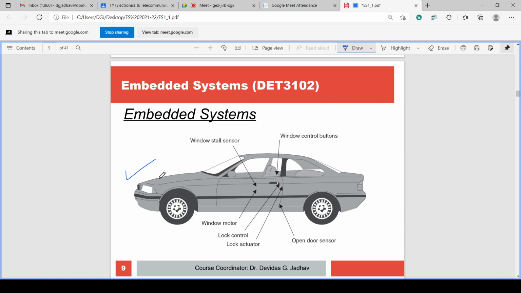Okay. So in electrical vehicles there will be charging. So an electronic embedded system is required to control the charging current, to control the charge, and if the battery is fully charged, to cut off the electrical supply and all that.